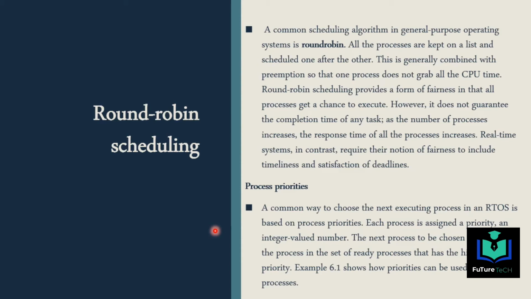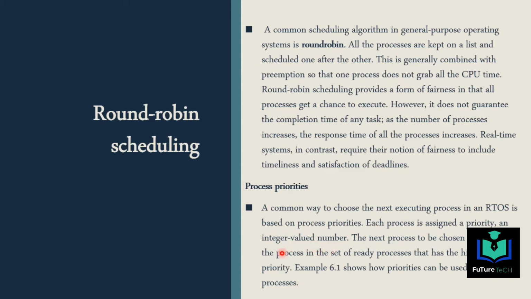The next process to execute is the process in the set of ready processes that has the highest priority value. So each process is given an integer value, and based on it, the higher priority task is executed first.